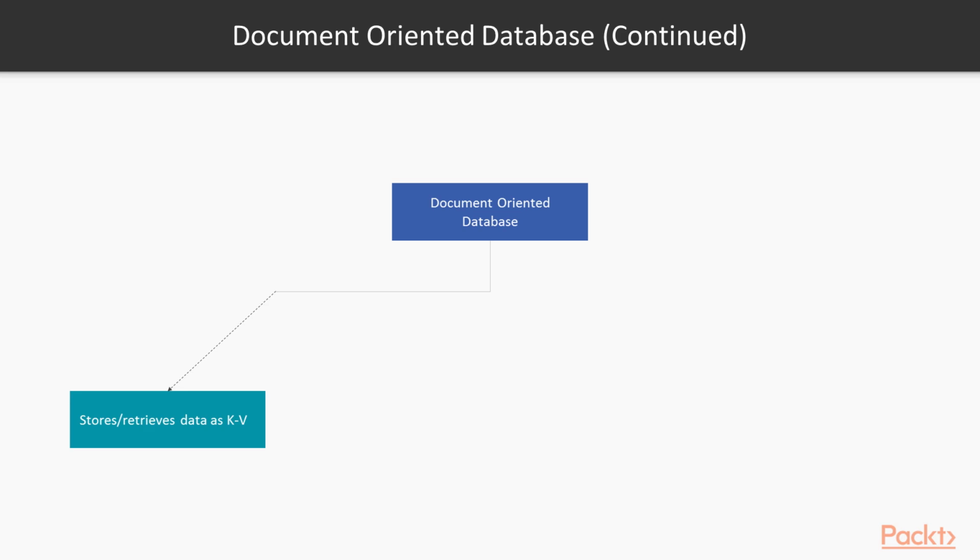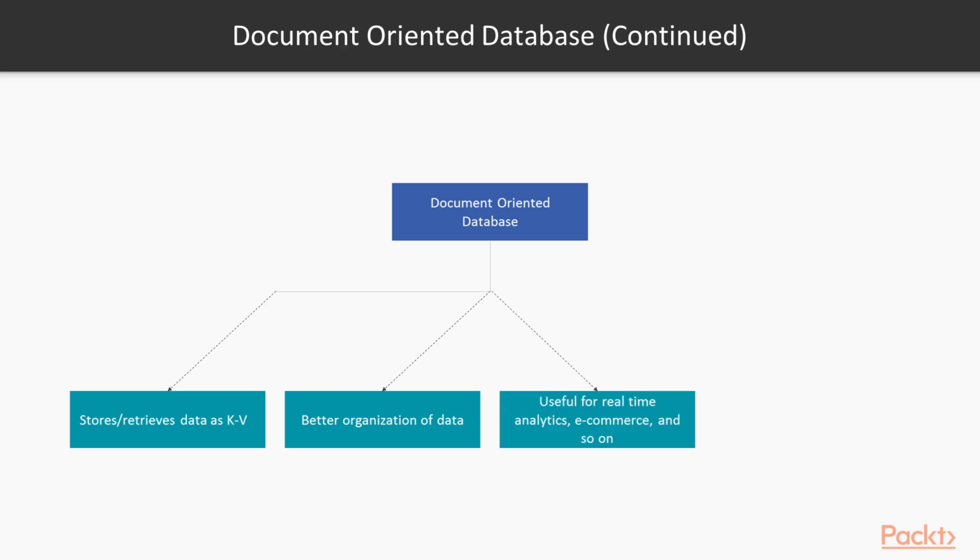This makes it easier for the database to query information which is found in every document. The document-oriented database provides a better hierarchy organization of the data. The document type DB is mostly used for CMS systems, blogging platforms, real-time analytics, e-commerce applications, etc. Amazon SimpleDB, CouchDB, MongoDB are popular examples of the same.